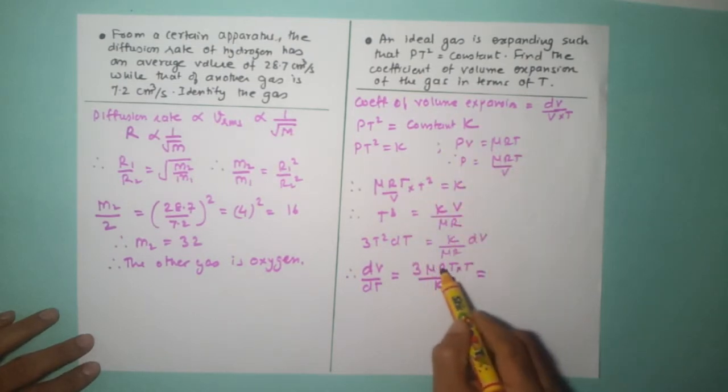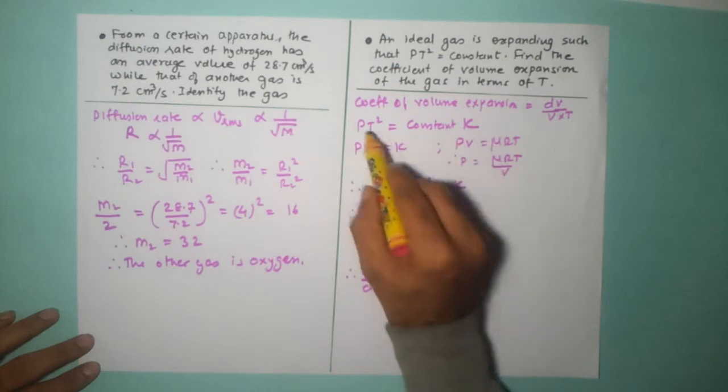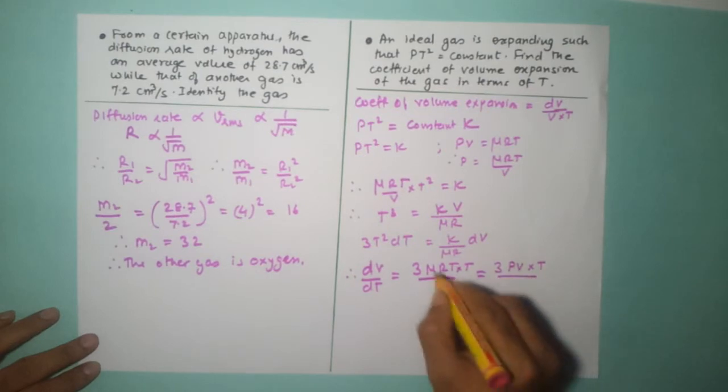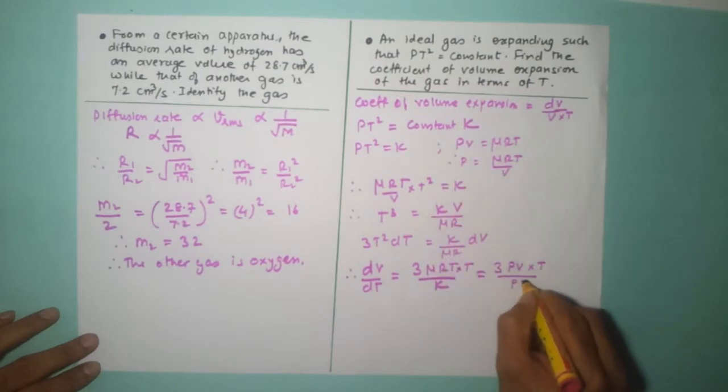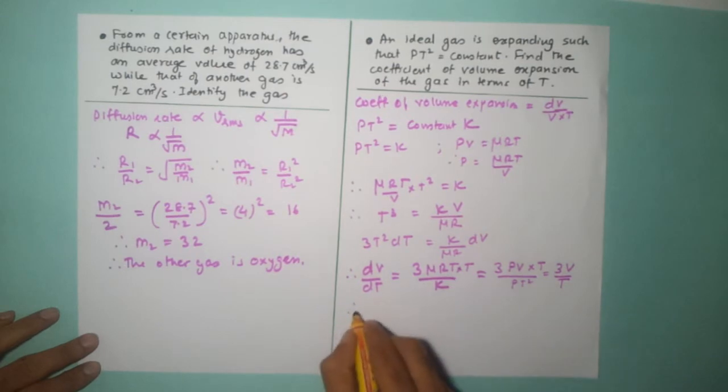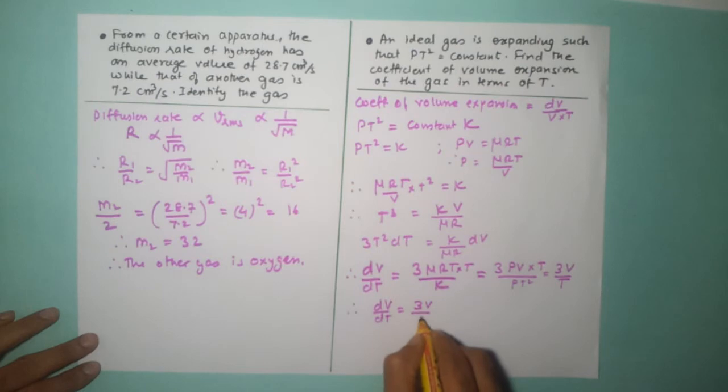So for mu RT I can write PV. I will keep this T, that is why I separated these two T. And what is K? K is P T square. So I put those values over here. So 3 PV into T upon P T square is equal to, P will get cancelled, T will get cancelled, so 3V upon T. Therefore, dV by dT is equal to 3V upon T.